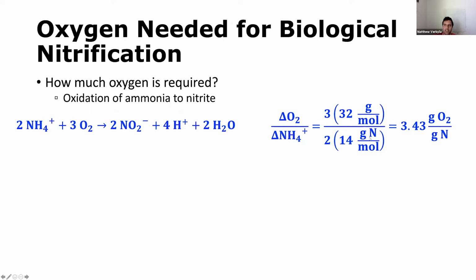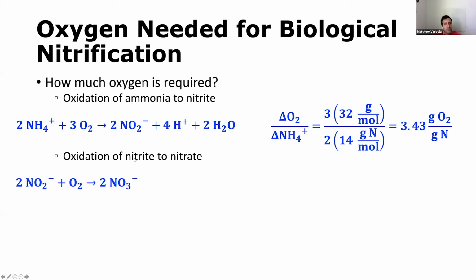And remember, it's convention that we represent the mass and the molecular weight of ammonia nitrogen, as well as nitrate nitrogen, all nitrogen species, we usually represent as grams of nitrogen per mole, as opposed to the molecular weight of the entire molecule. All right, so that's 3.43 grams of oxygen for every gram of nitrogen being consumed in the reaction.